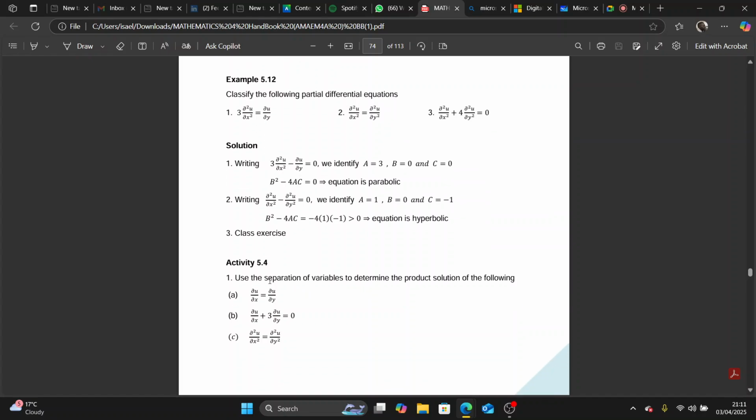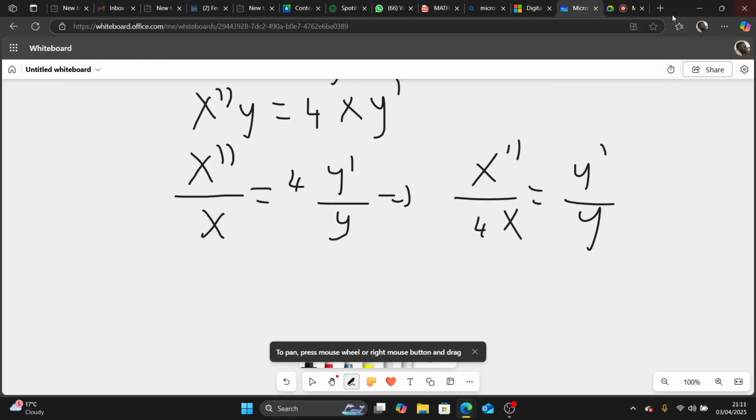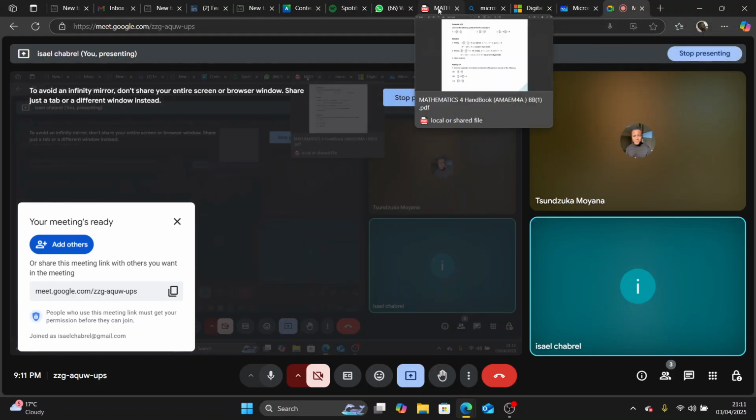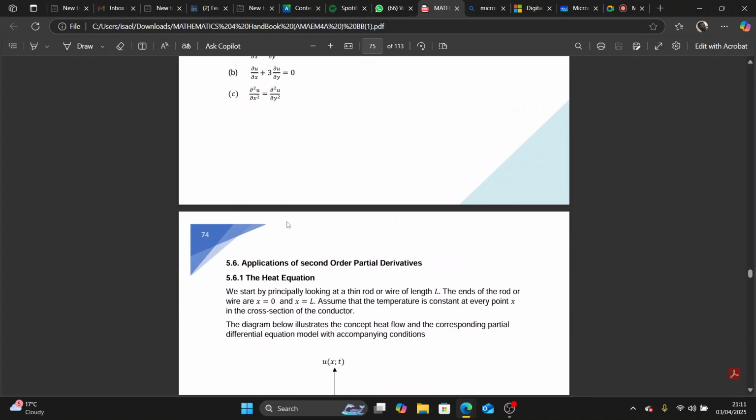Okay. Use separation of variable. You can do separation of variable for this one, right? Yes. Can you do this one? Yeah, I can. It's just what we've done here. That's what they want you to know, and that's what I want you to know so far: how to separate variable.